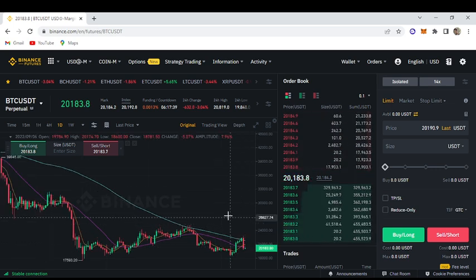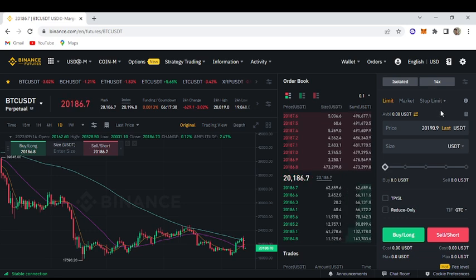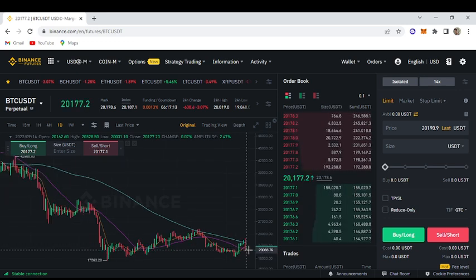So that's of course a risky thing, because people play 20x, 25x. Suppose on 10x you place an order and buy long, and unfortunately it goes down by 10%.